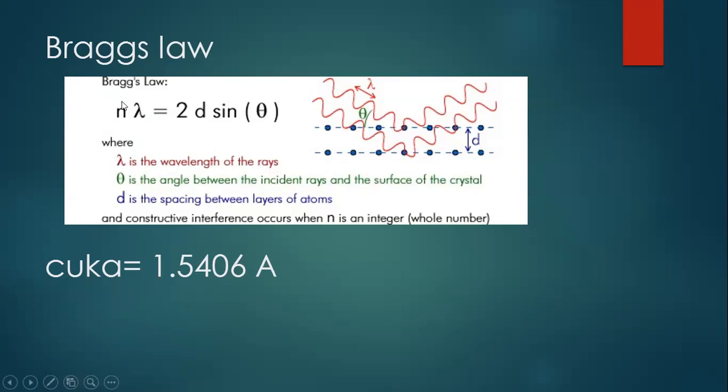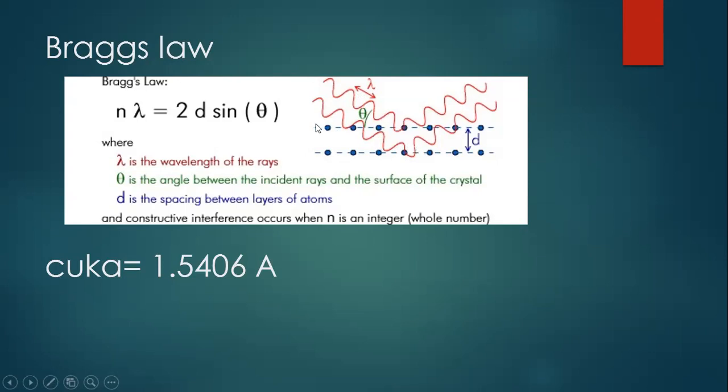And n is the different order. The d here is the spacing between the layers of the atoms, and theta is the angle between the incident ray and the surface of the crystal.